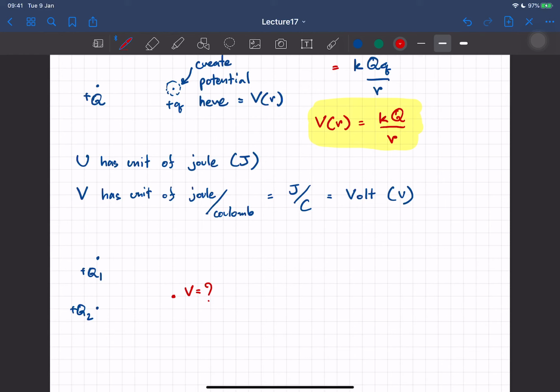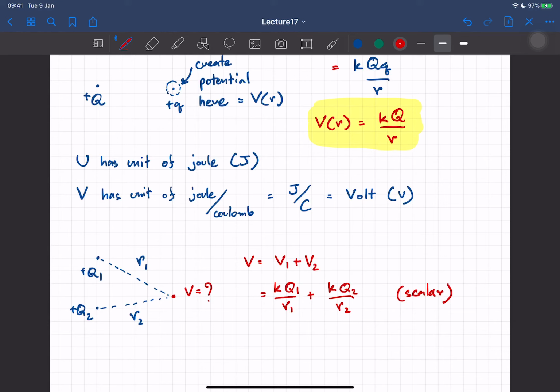Well, you just see how far away from Q1, that might be R1, and how far away from Q2, that might be R2, and V is just V from Q1 plus V from Q2. That's going to be just KQ1 divided by R1 plus KQ2 divided by R2. You just add them because they are scalar. You don't need to worry about the direction, right?